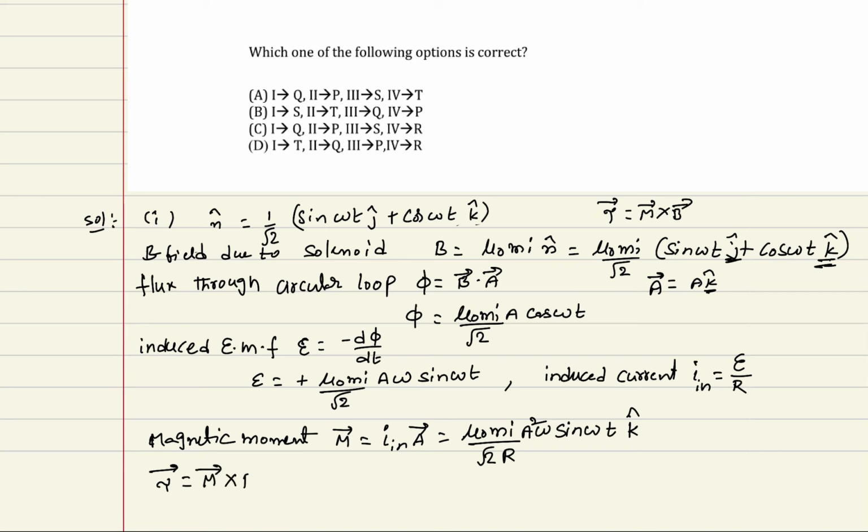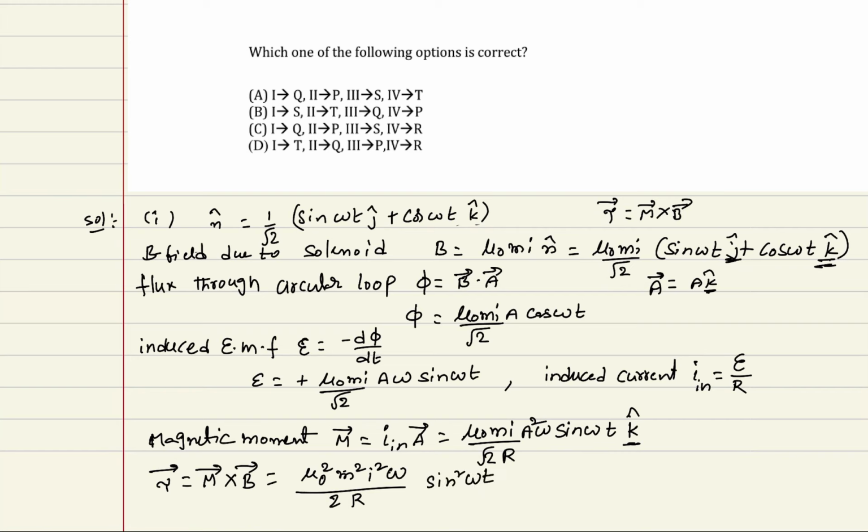Now we can write the torque. Torque is m bar cross B bar. Here m bar is along k cap, and B has j cap and k cap components. So k cap cross j cap is minus i cap, and k cap cross k cap is 0. Substituting, mu naught and mu naught give mu naught squared, m and m give m squared, I and I give I squared, with omega, divided by root 2 into root 2 R, into sin squared omega t.